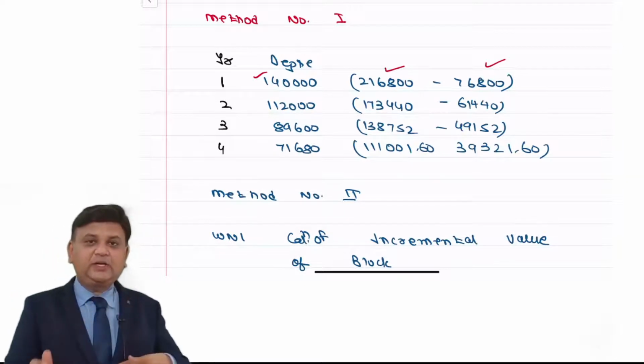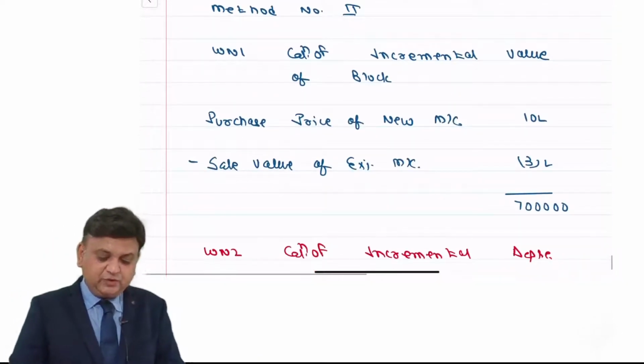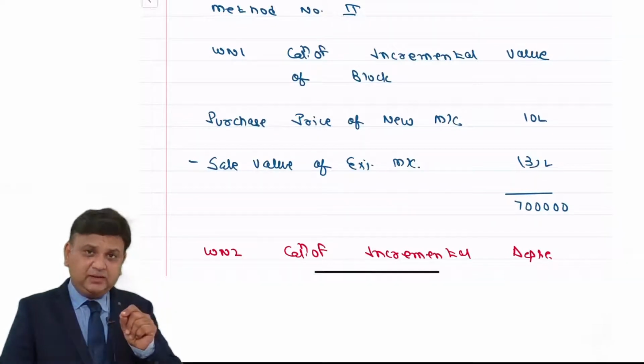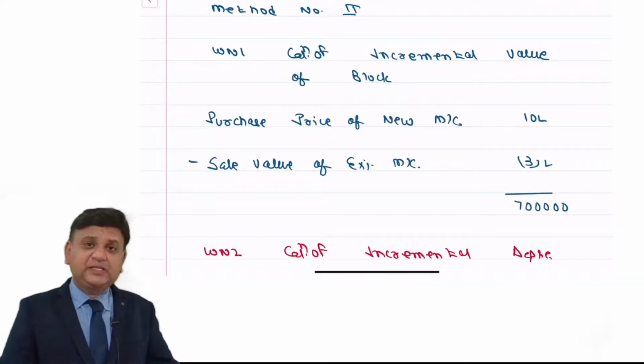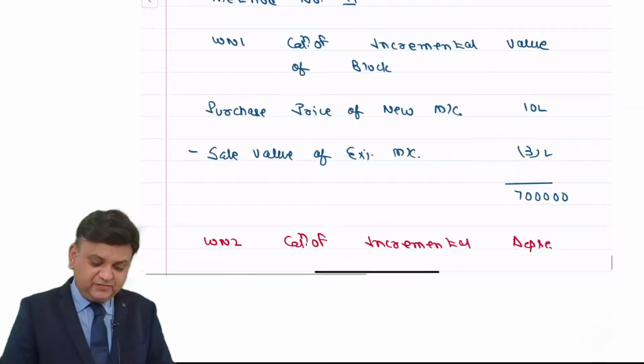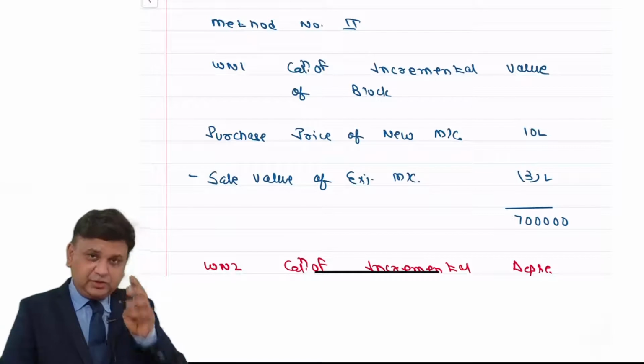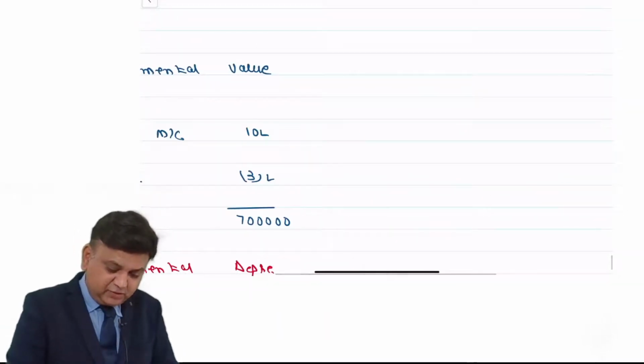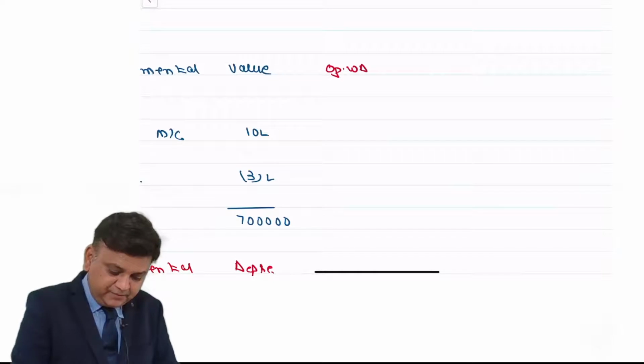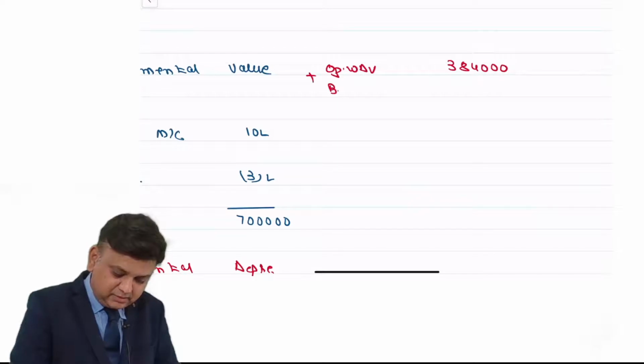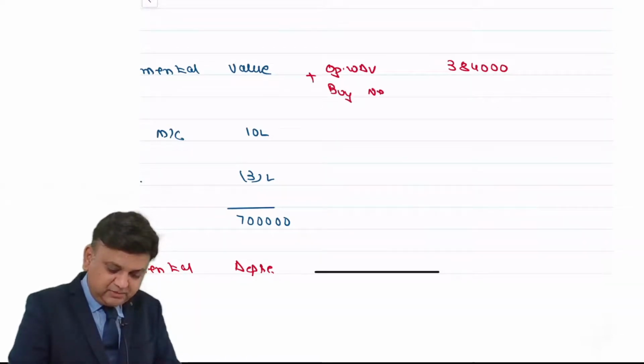Now understand, friends, what I have done in the second method. I request all of you to pay attention. See, we know that if we replace existing machinery, then we can claim depreciation on 10,84,000. How is it 10,84,000? Opening WDV is 3,84,000 plus buying new machinery, it is 10 lakhs, less sale of existing machinery for 3 lakhs.